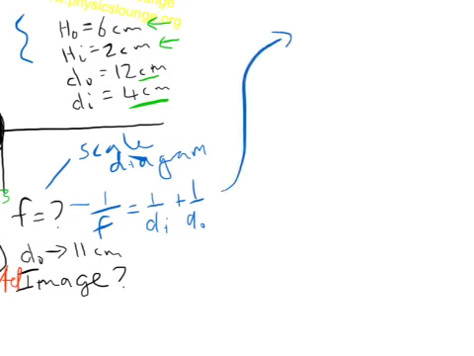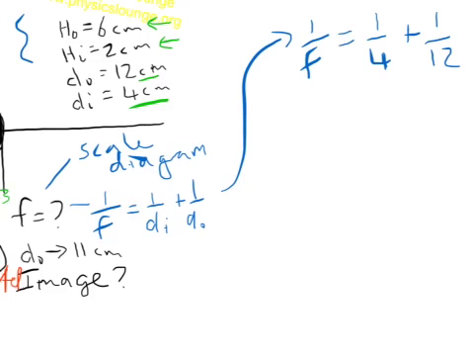Coming up the top here, we've got 1 over f, which we're trying to find out, equals 1 over di, which is 1 over 4, plus 1 over dO, which is 1 over 12. Interestingly, you have to be very careful with your units, because if you change between meters and centimeters, you can end up with some very funny things going on.